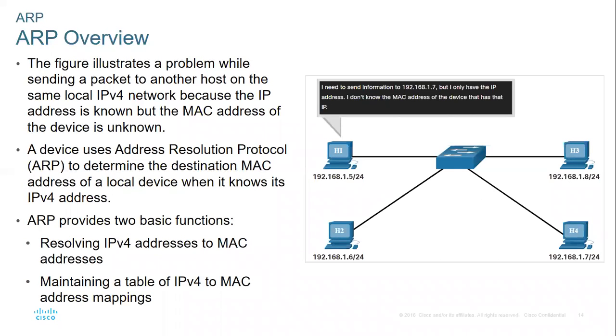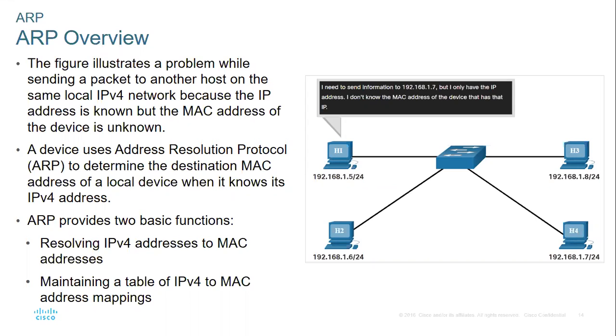We can have a situation where H1 wants to send something to H4, but in its table, it only knows the IP of H4 and not the MAC address.